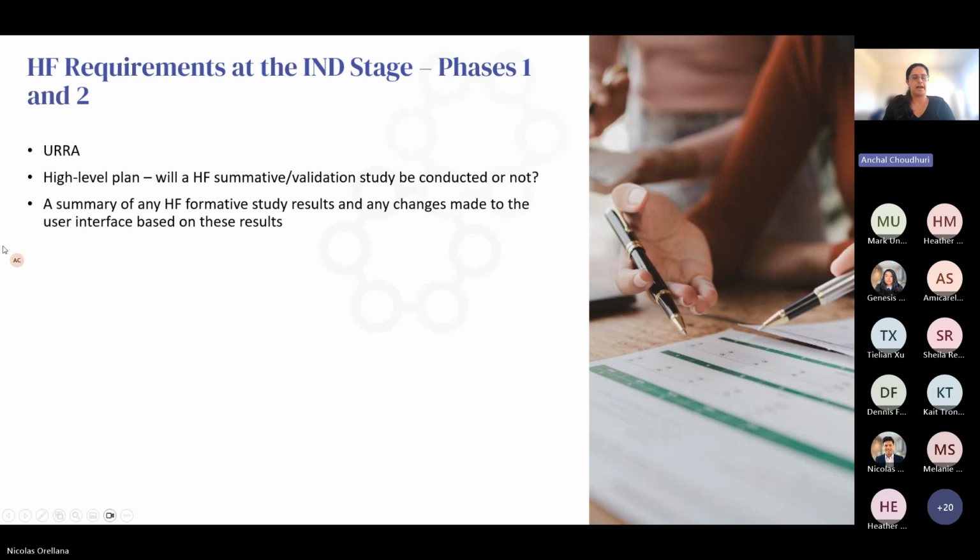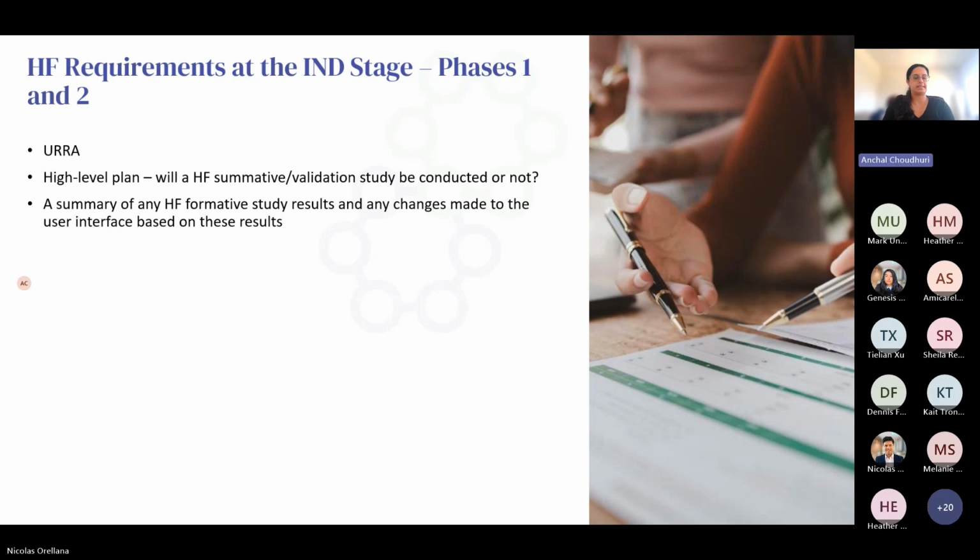If you're at an opening IND stage, a phase 1 study, or you're starting a phase 2 study, you usually only need a URA and a high-level plan, meaning, okay, you've done your use-related risk assessment and you've assessed if there are any critical tasks, and based on that, you've decided whether or not you will be conducting a human factors validation study.